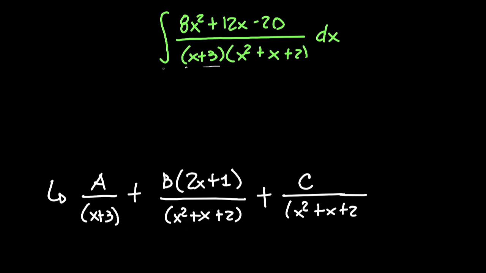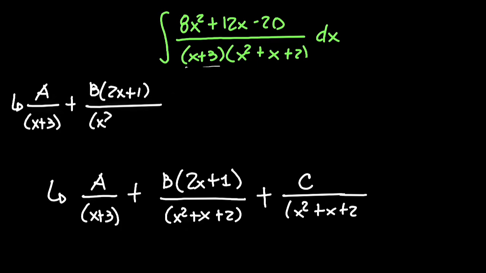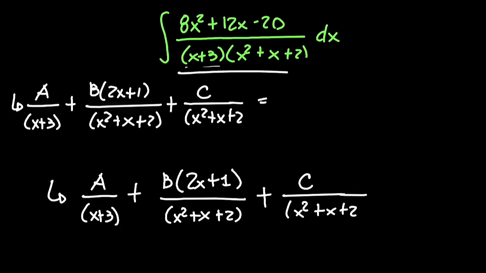For that, this would be A over x plus 3 plus the rest first, and equate this to our problem. But let us remove the integral and the dx. We can just put that later on.